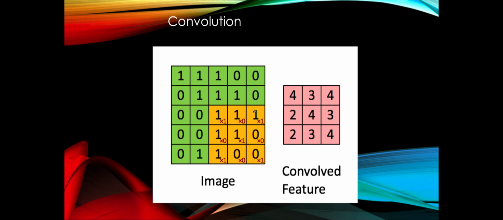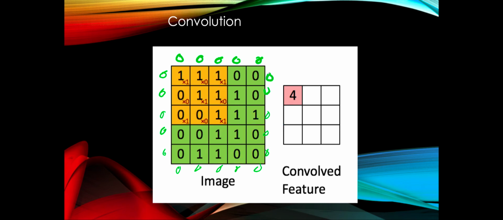To make the input and the output of the convolution the same size, generally we pad this matrix with zeros on each side, and then we apply the convolution. In that case the input and the output size remain the same. That is typically called padding.